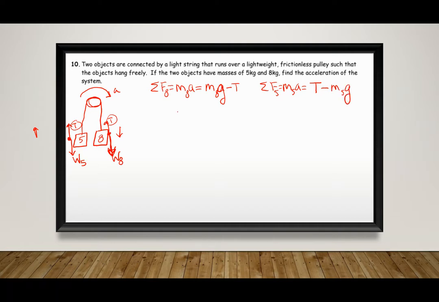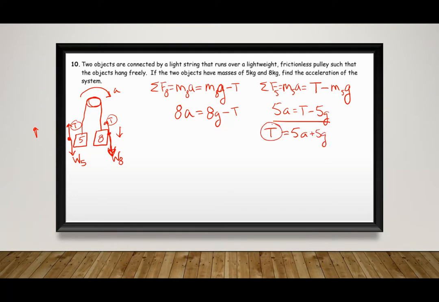So I end up having 8a equals 8g minus tension. And 5a equals tension minus 5g. So I'm going to go ahead and solve for tension here. Okay. When I solve for tension in this equation, I get tension equals 5a plus 5g.